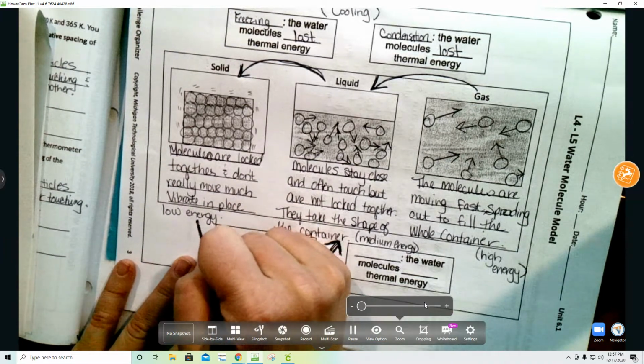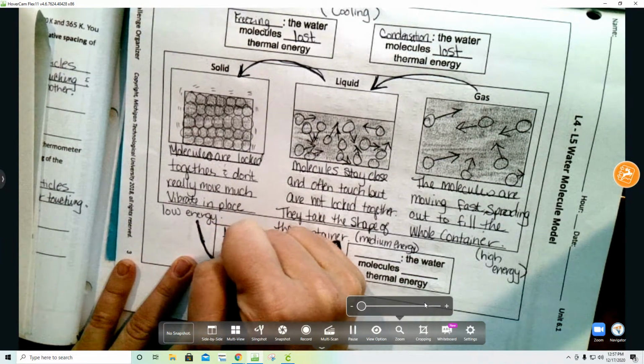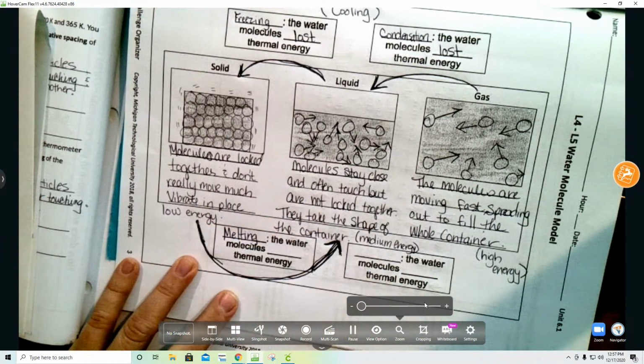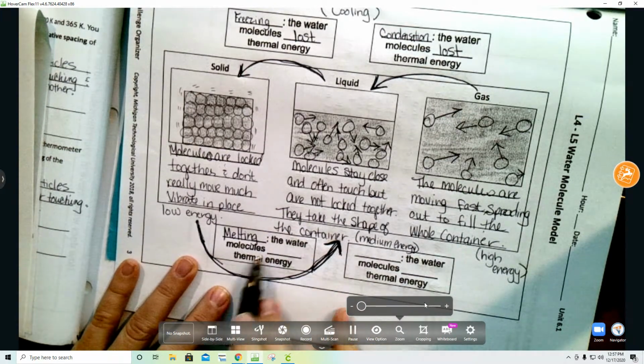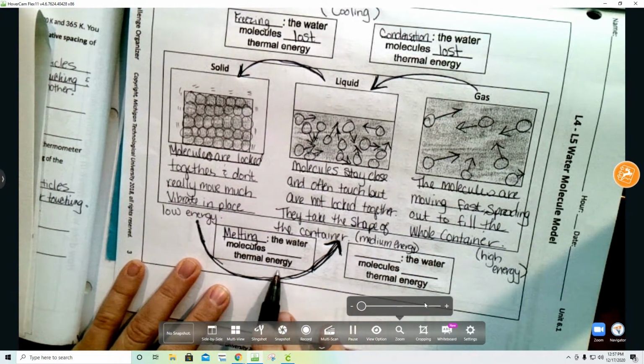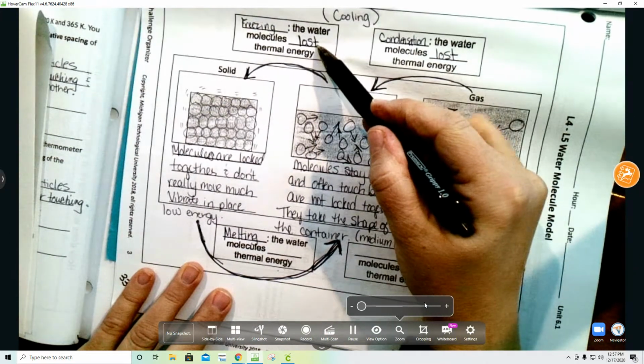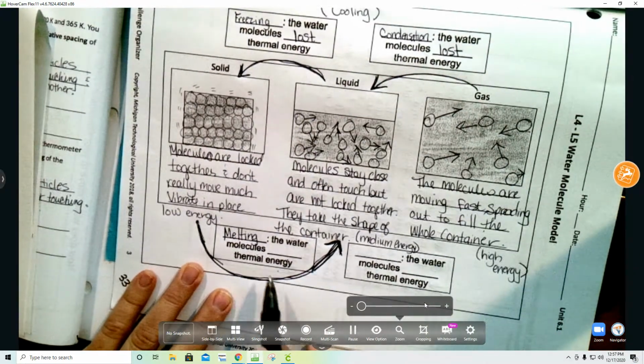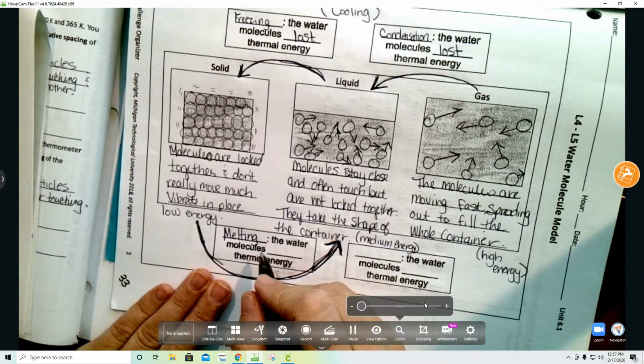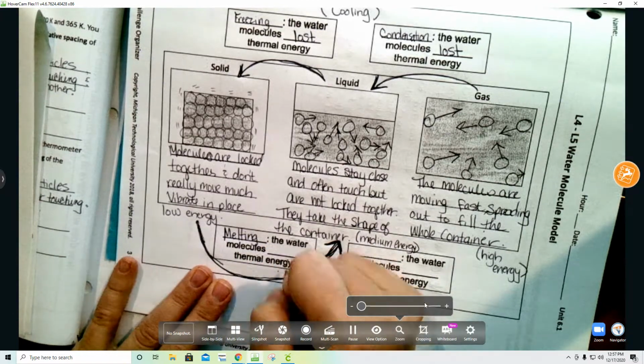This is called melting. And the water molecules blank thermal energy. Well, if they lost it up here in a cooling phase, what are they doing in a heating phase? They gain thermal energy.